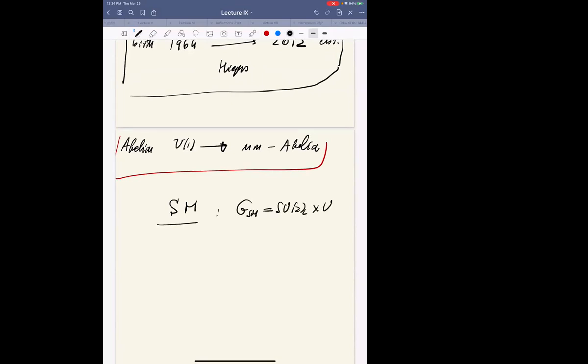I'm not writing the strong interaction because we won't break it and we don't care about it at the moment. And what is the symmetry of the world, let's call it G nature? The symmetry which is unbroken is U1 electromagnetic. U1 electromagnetism.